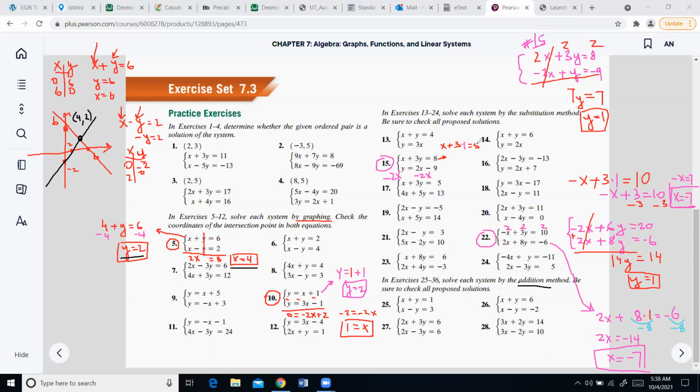And subtract 3 on both sides and find x. So it looks like x should be 5 because 5 plus 3 is 8, right? And we already know it doesn't matter which equation you use to find x, first or second. It is up to you. It doesn't really matter.